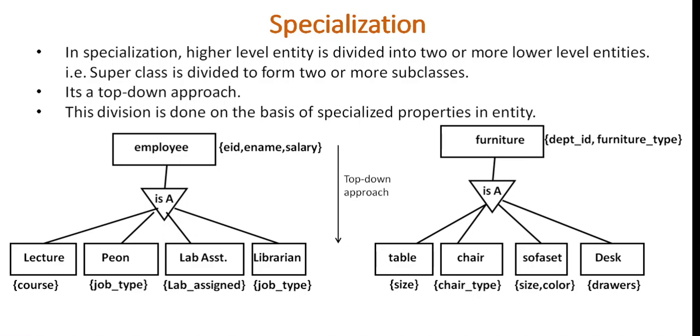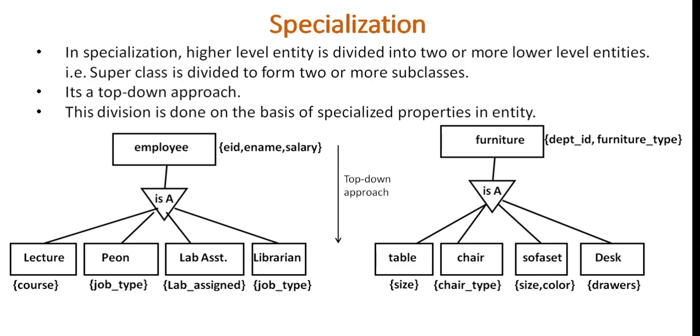When we talk about lab assistant, the lab assistant is a person who manages a lab. The lab assistant is not teaching any course, but has one lab which is assigned to her or him for working. So lab assigned can be an additional attribute for lab assistant. So it is a specialized class. This is how we can specialize things.